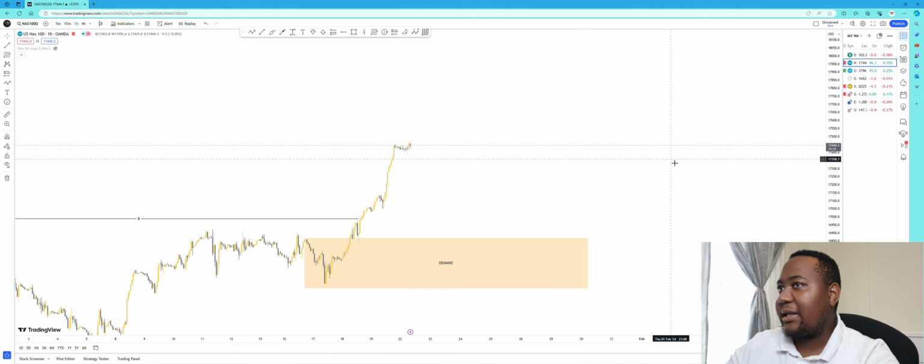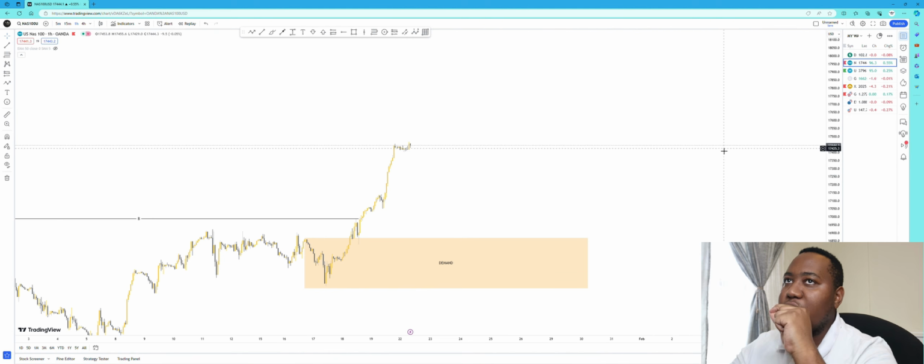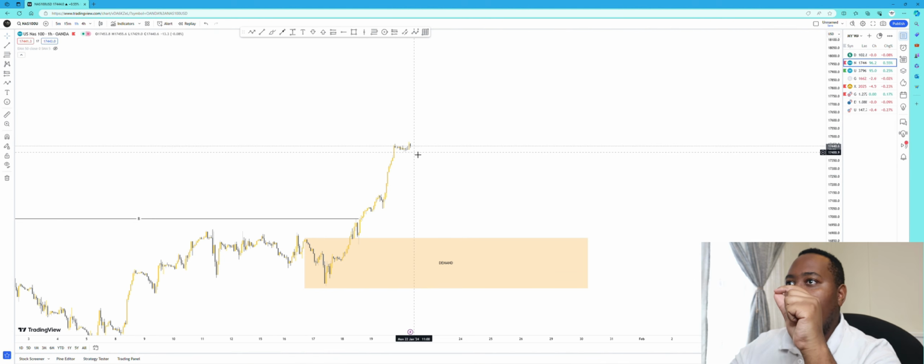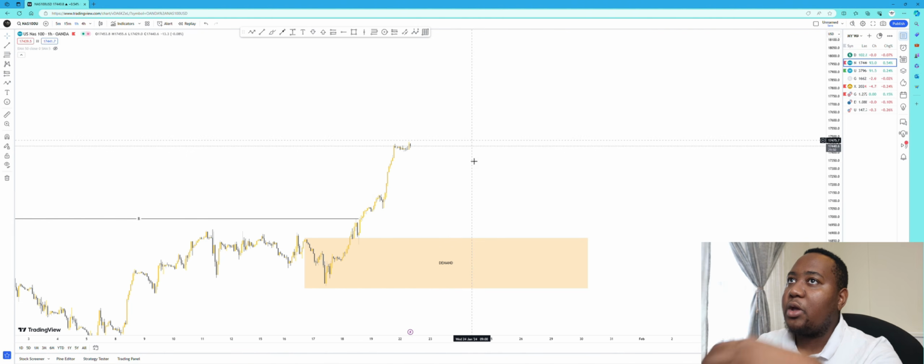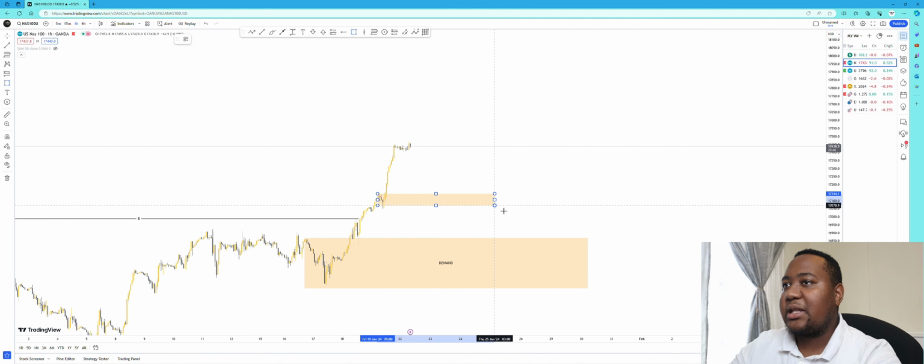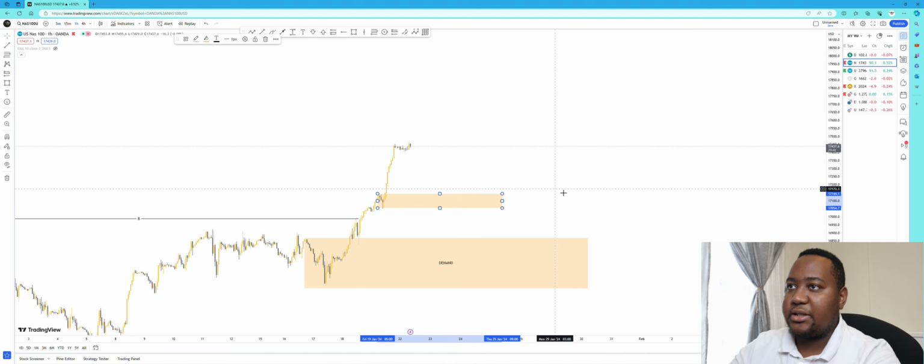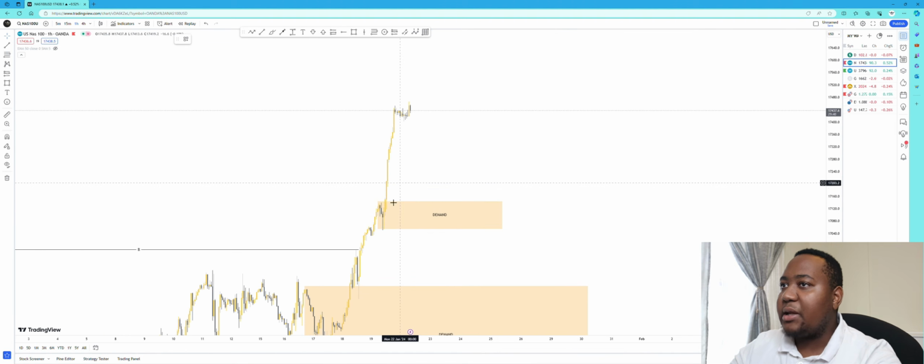So now the main question comes in: is the market going to drop all the way to this demand just like that, given that we're seeing correlation that DXY must sell? Is it just going to sell all the way here, or is it just going to be a pullback and then we keep on going up? Now as I go to the 1 hour time frame, we can clearly see that there's another demand over here. There are various demand levels that you can see, and if I zoom in on this demand, there's also momentum that we can see.